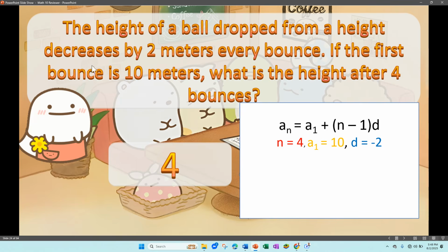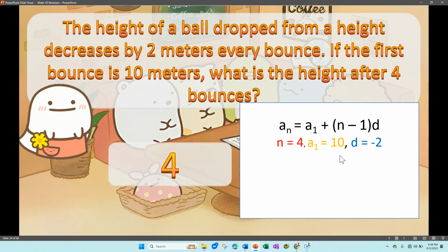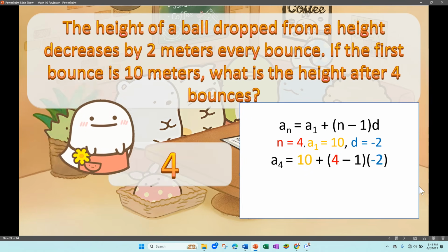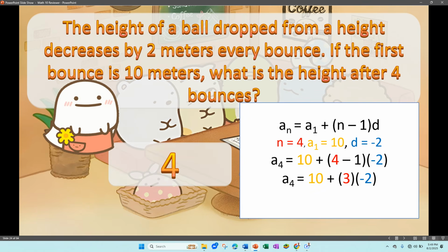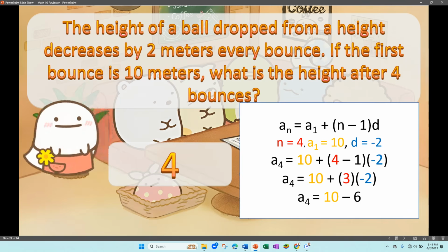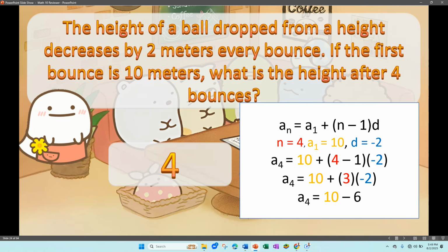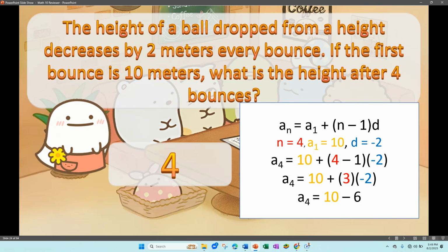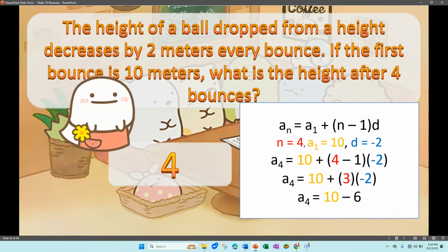Because of the word decreases by 2. So D is negative 2. Then substitute, do the parentheses, multiply, then subtract. 10 minus 6 is 4. So that means the height of the ball after 4 bounces is 4 meters.